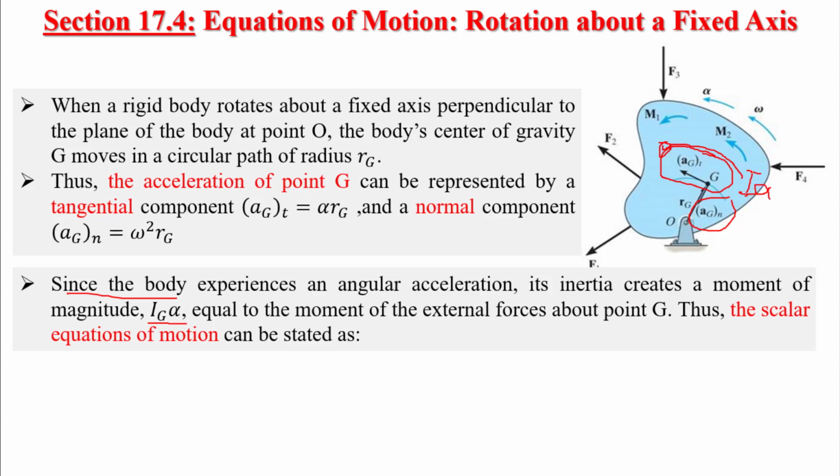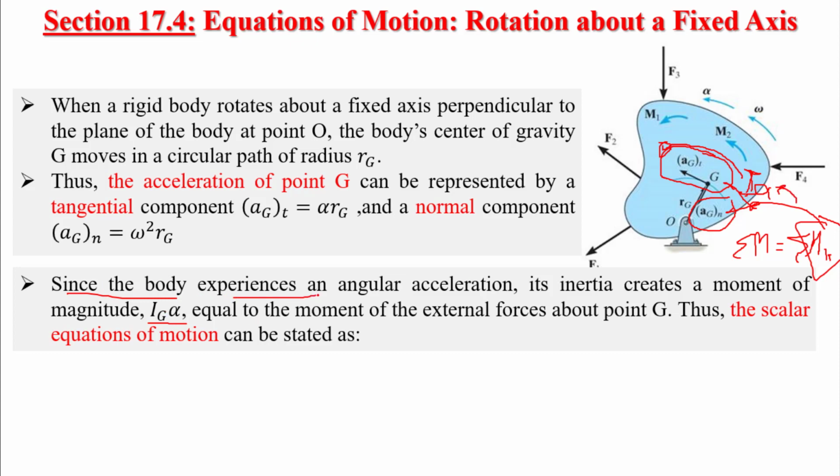Remember section 17.2, when we talked about the summation of moments of external forces must equal the summation of moments of kinetics, and those kinetics are either due to acceleration or due to angular acceleration.